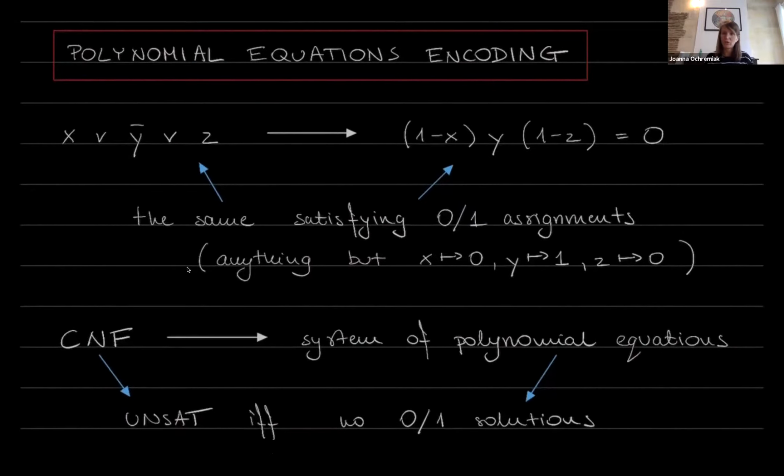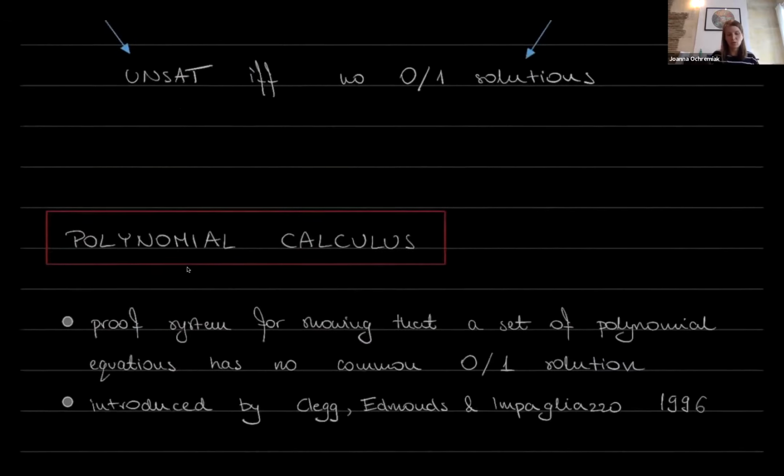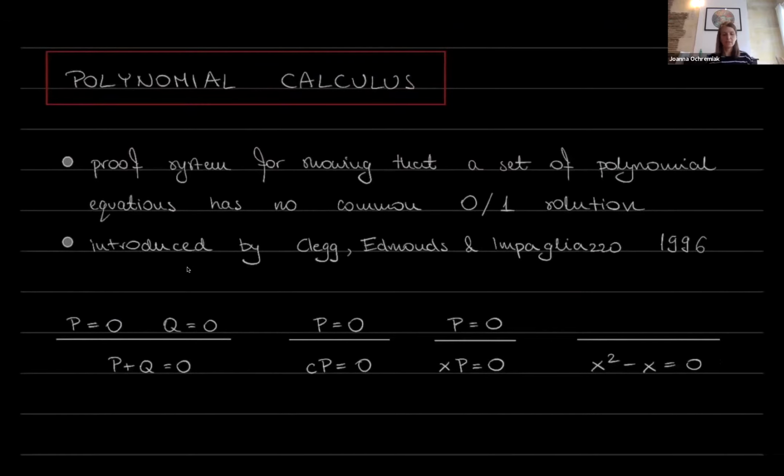There are different proof systems for polynomial equations that are being studied, and one of them is polynomial calculus. As I said, it's a proof system for showing that polynomial equations have no common 0-1 solution. And here are the rules of this system.